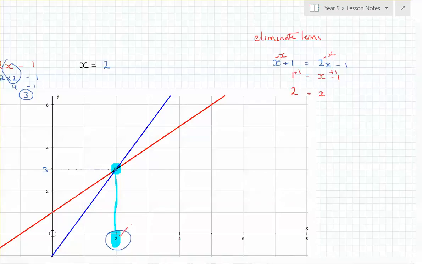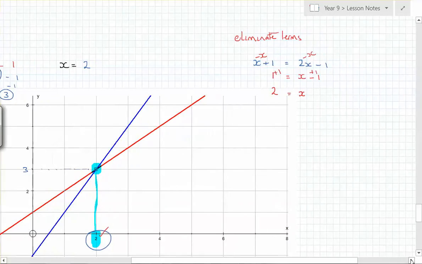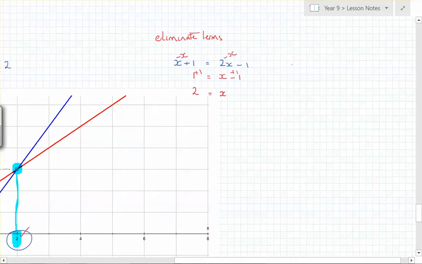I don't understand how you kept the x the second time. Because this is x. What is 2x? 2x means 2 times x, so it's x add x.